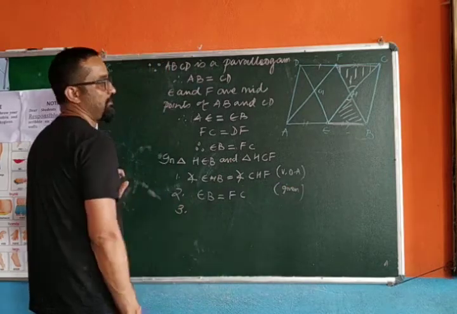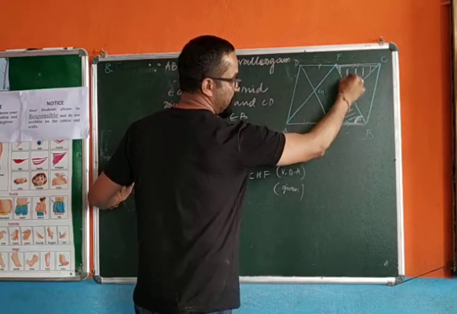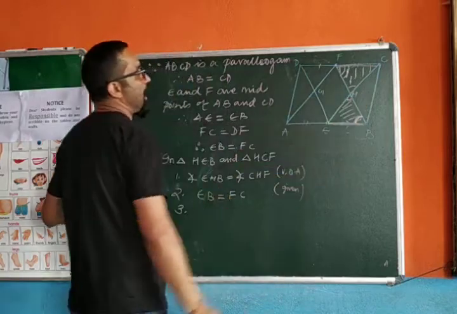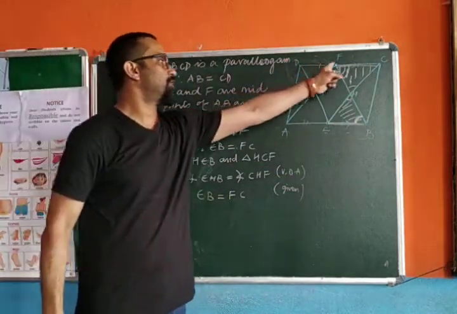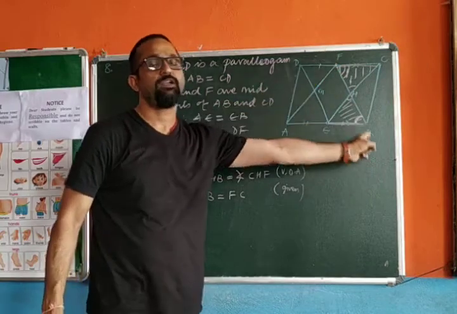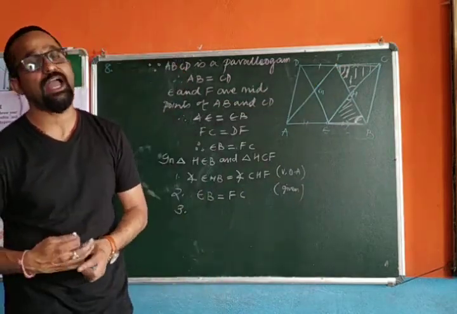Third one, use the parallel property. Since lines AB and DC are parallel, CF is taken as transversal. As you have a transversal, alternate angles are formed.